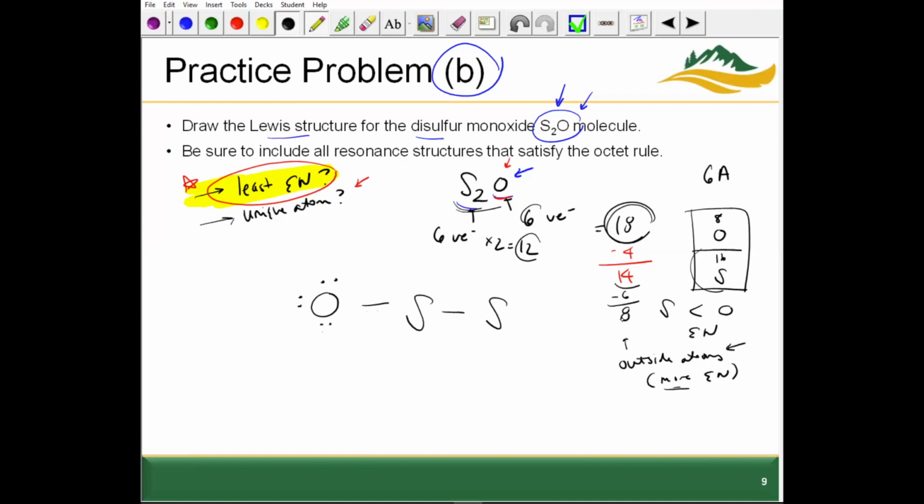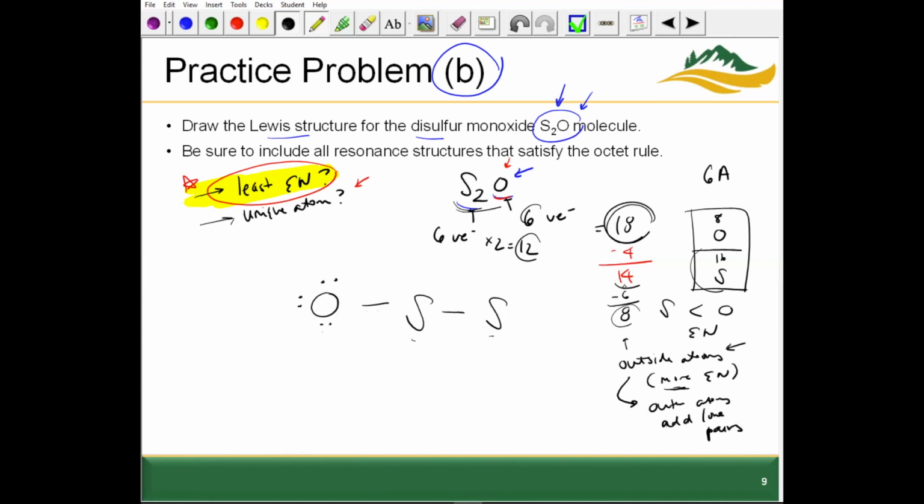We would normally put those lone pairs of electrons around the outer atoms, which correspond to the ones that are more electronegative. Between this sulfur and this sulfur, one of them is not more electronegative than the other because they're the same atom. So instead of thinking about the more electronegative one in this case, it's easier to think about adding those lone pairs to the outer atoms.